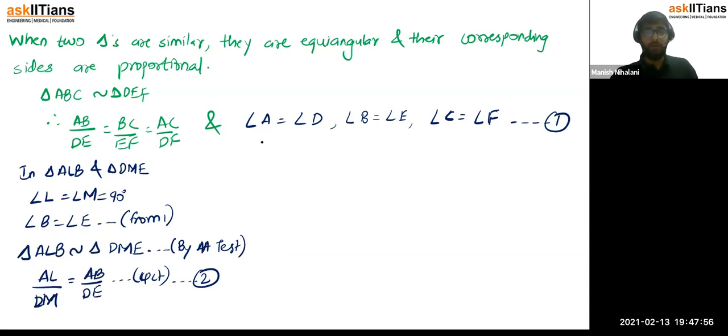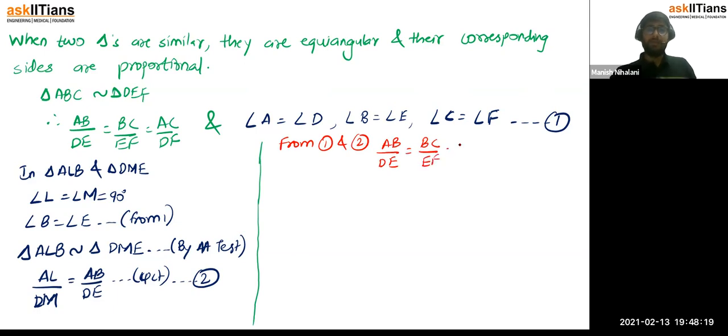From 1 and 2, we can clearly say that AB by DE equals BC by EF is equal to AC by DF and is also equal to AL by DM, right?